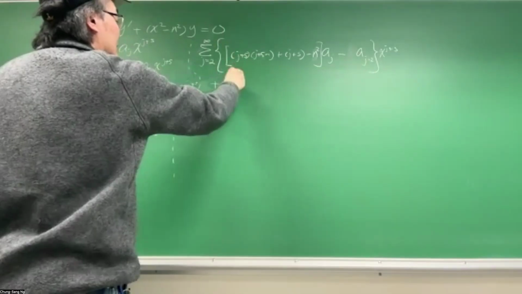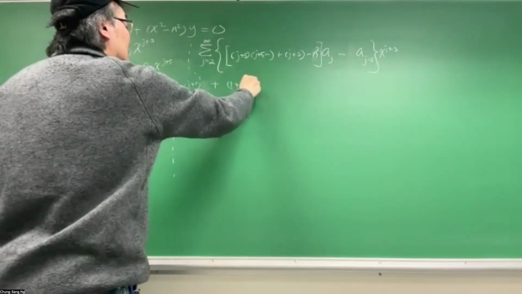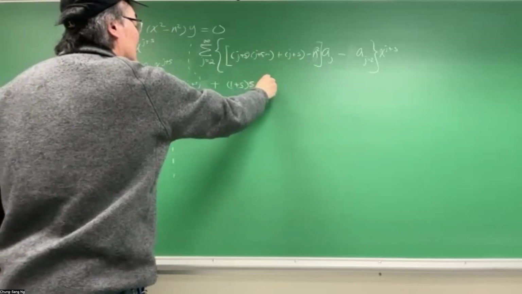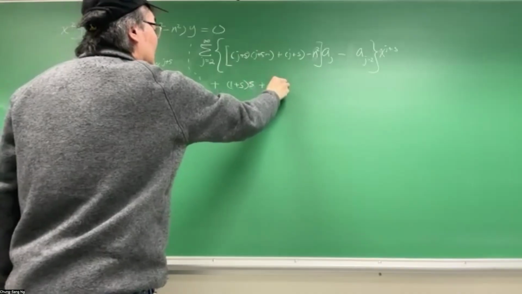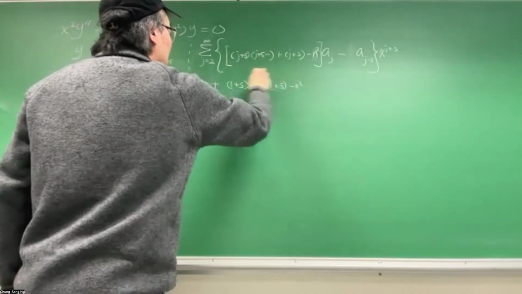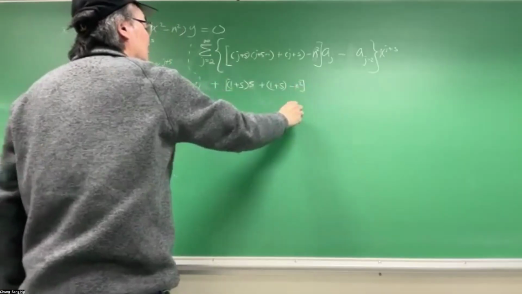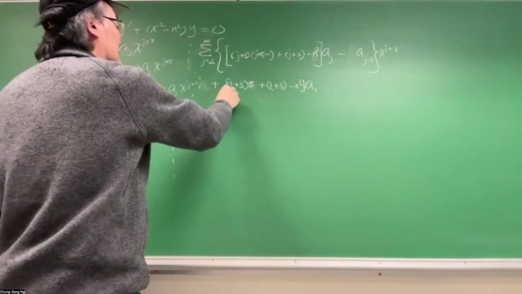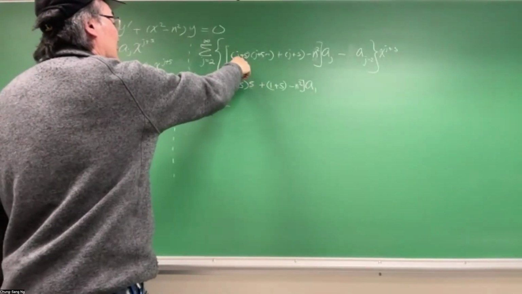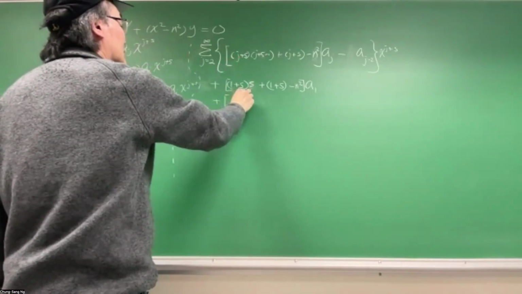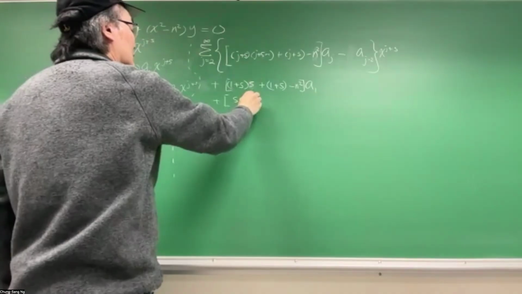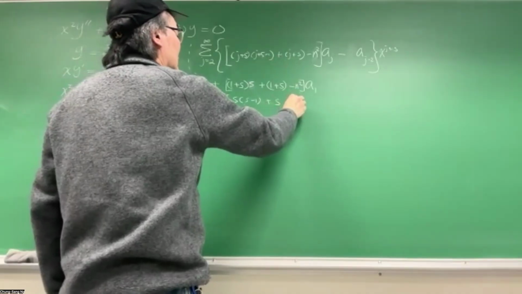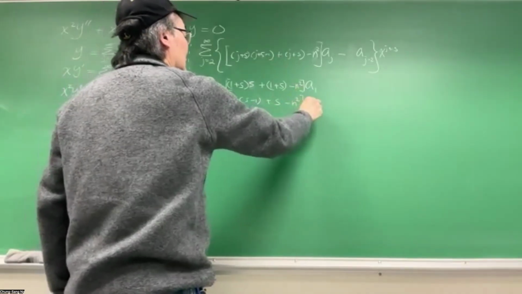J equals to 1 is 1 plus s. 1 plus s minus 1 is s. And plus 1 plus s minus n squared times a sub 1, and then 0 plus s, j is 0, so you have s times s minus 1, and then plus s minus n squared, right, a sub 0.